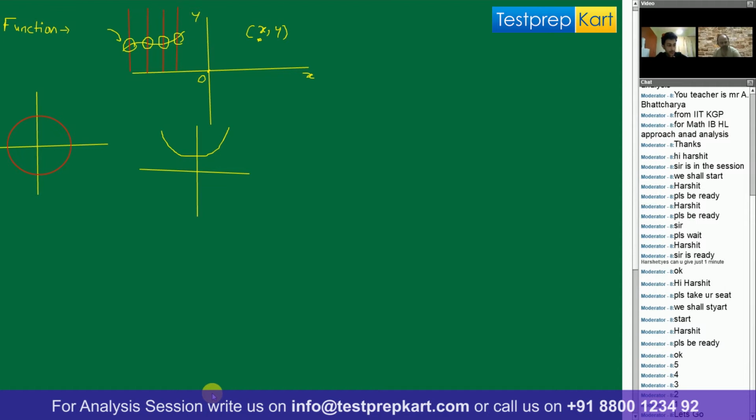If it is more than 1, let's move to the next figure. It's a circle. I have drawn only 2. How many points of intersection, Harshit, for this one? 2.